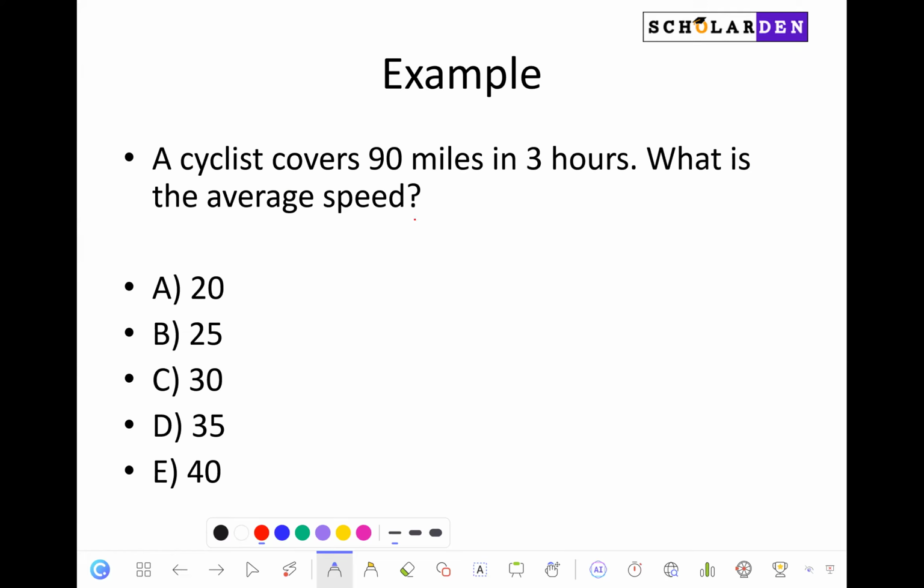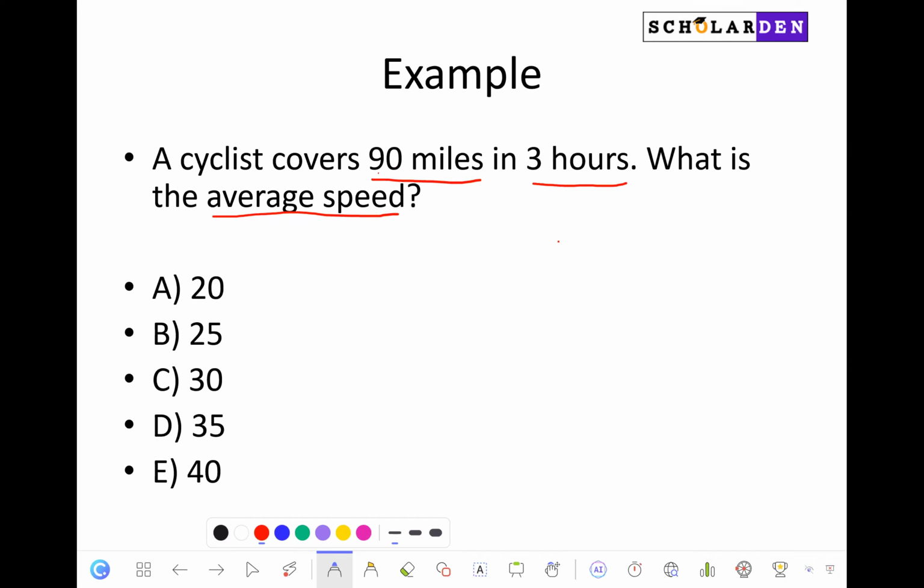What we're given is the total distance which the cyclist covers, which is 90 miles, and the total time in which the distance is covered. What we're supposed to find out is the average speed. Now, speed essentially is a rate itself. But what is speed?